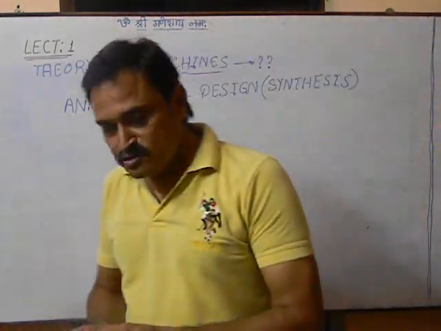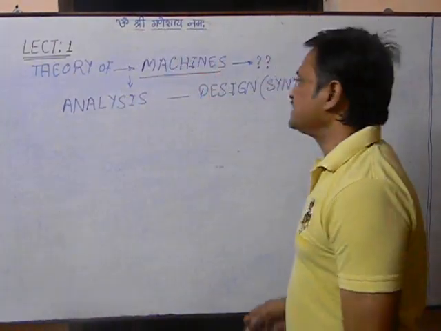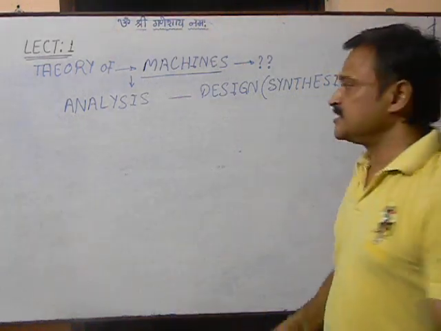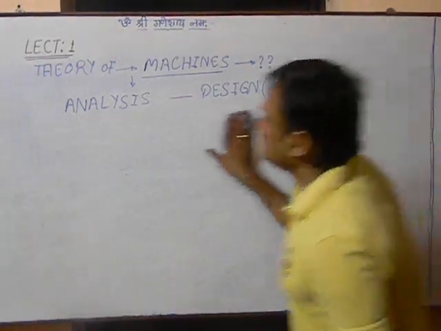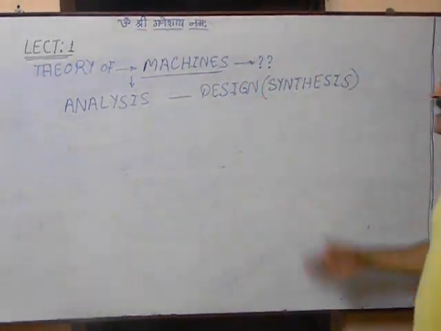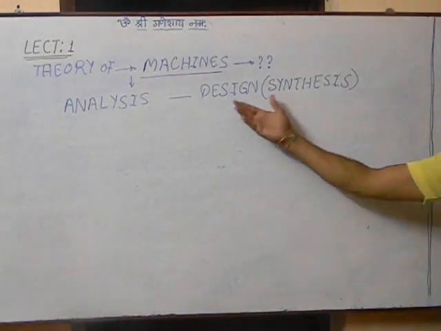I have not used one term which is called mechanisms. I will come to it in the latter part of the study. Now my question will be, what is analysis and what is synthesis or design?